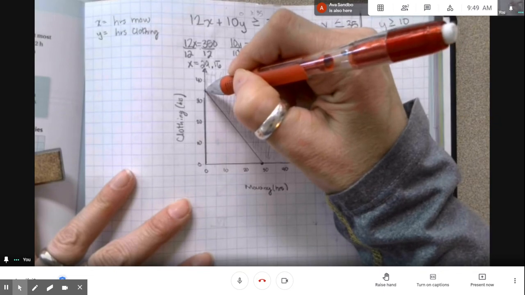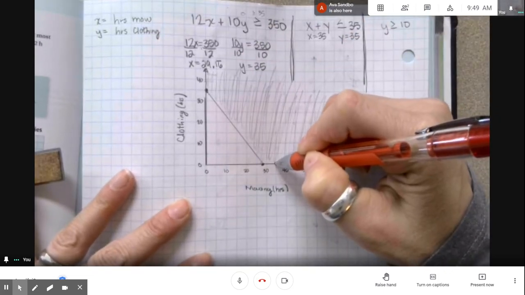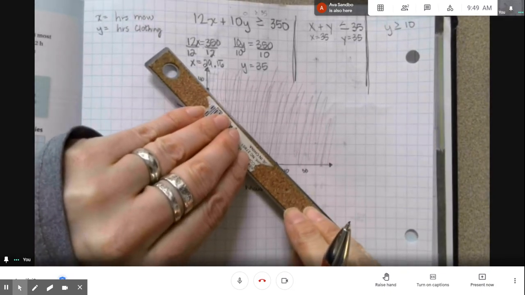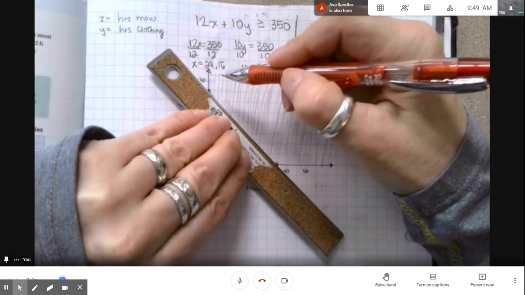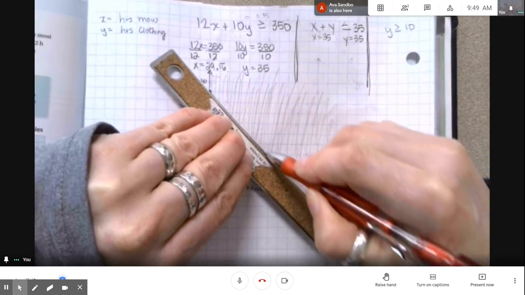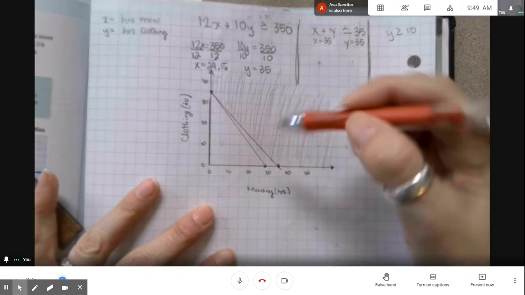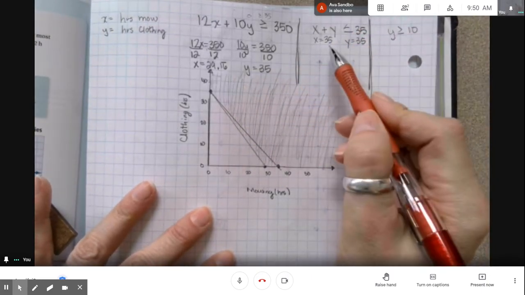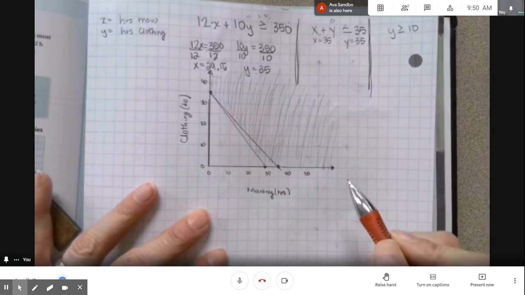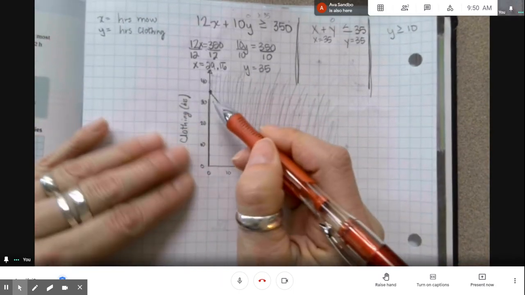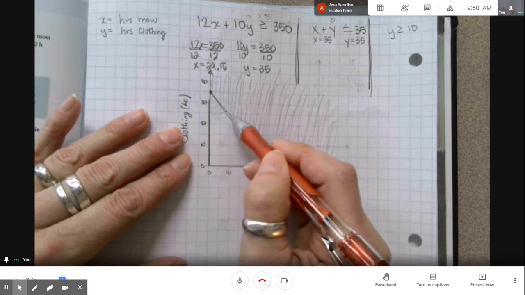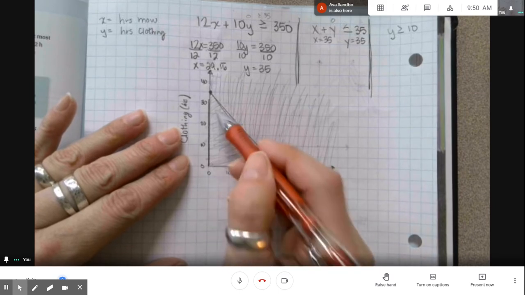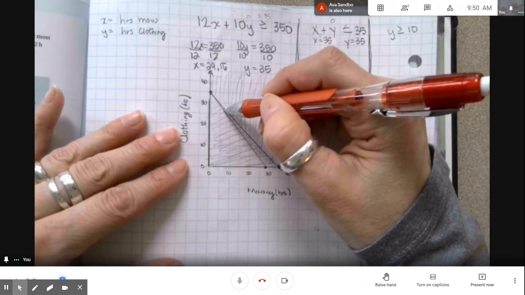Okay, and then I graph 35 again with a 35. And this one is 0 is less than 35. So this one's a shade below graph. So there's some overlap in the middle here.